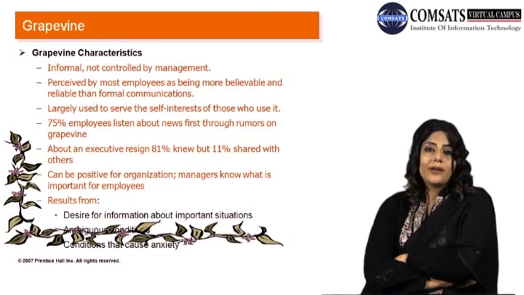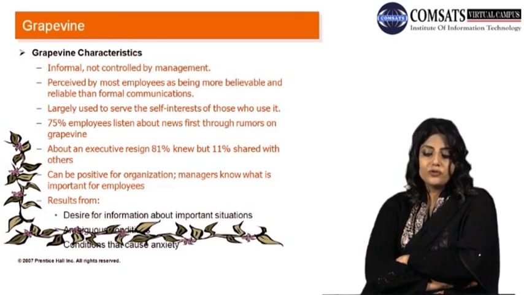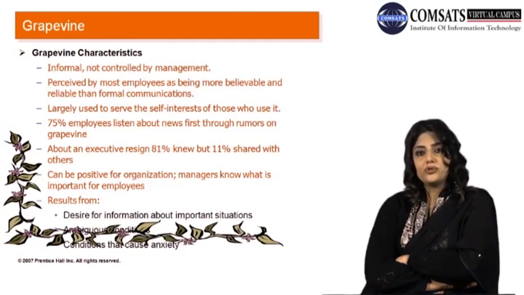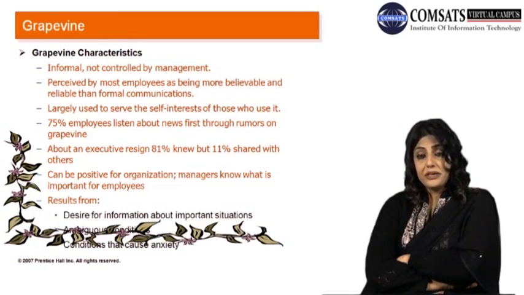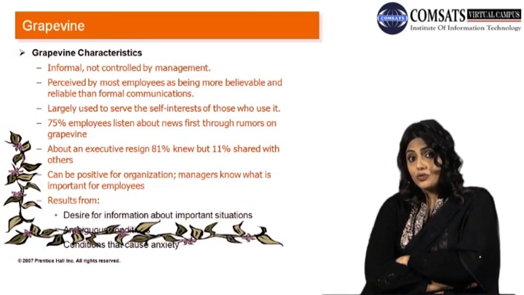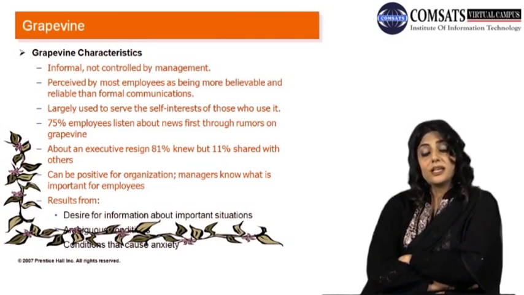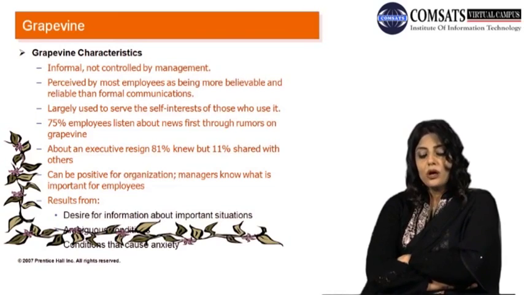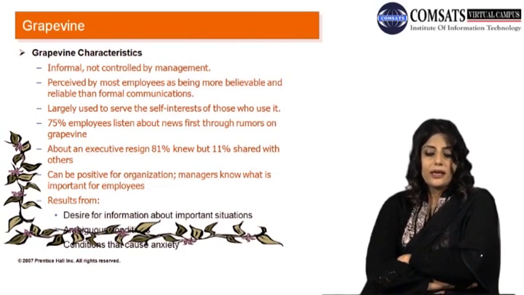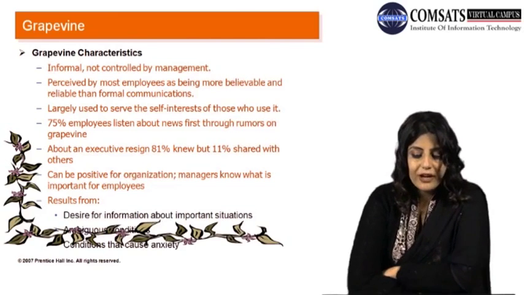That is when the grapevine occurs: when the information is really important for you, and it is about important situations and important events, and there is ambiguity, the situation is not clear, nothing has been communicated by your manager to you, and you are really anxious. In those kinds of conditions, the grapevine spreads.